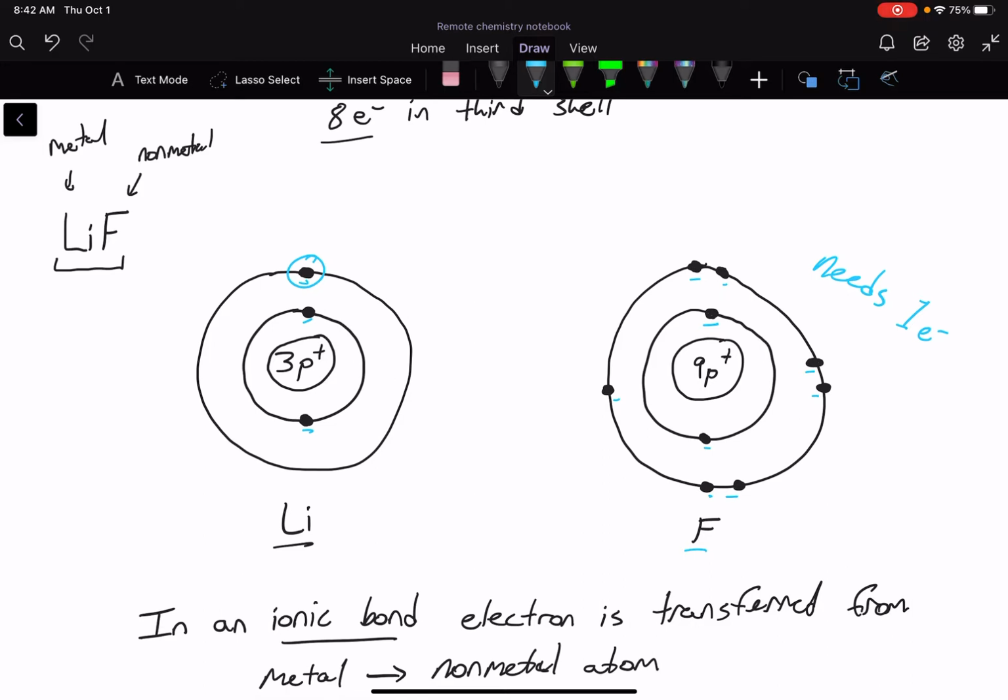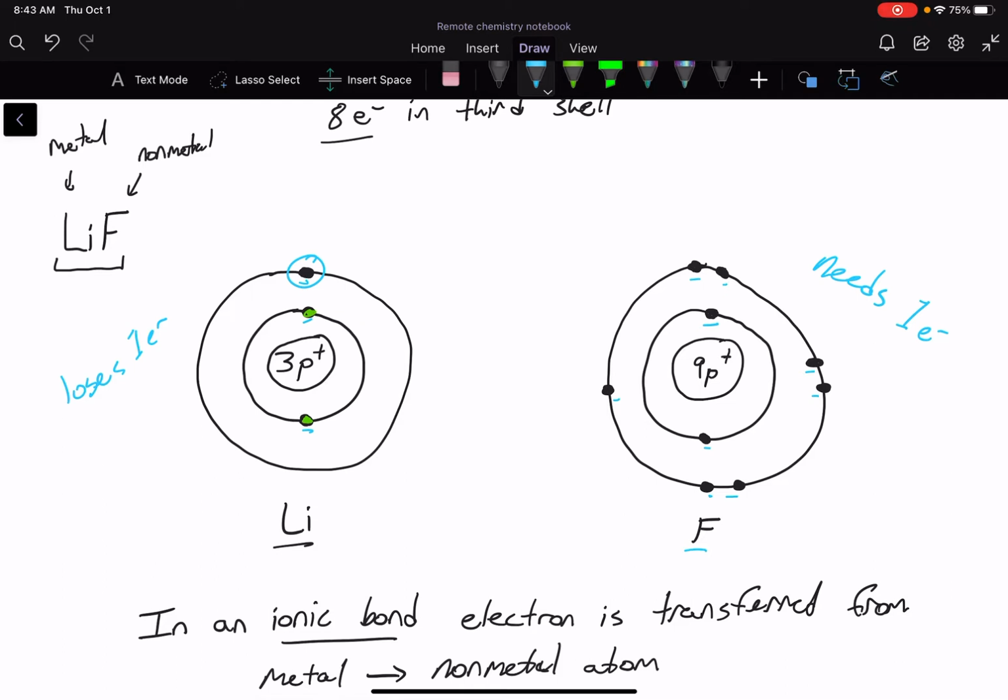Now lithium loses 1 electron, and when it does, you can see that the shell underneath its valence shell becomes its new valence shell, and that would now be a full valence shell.